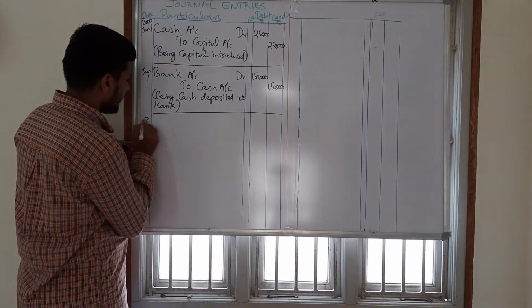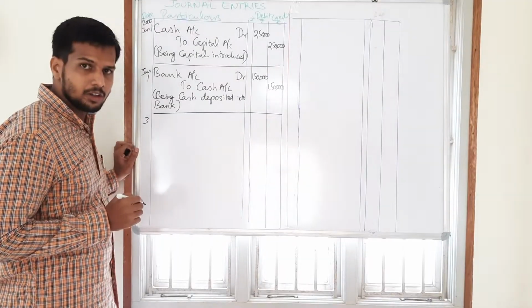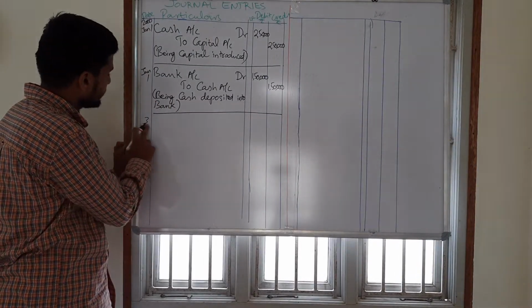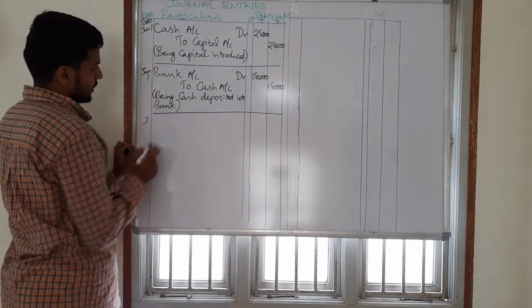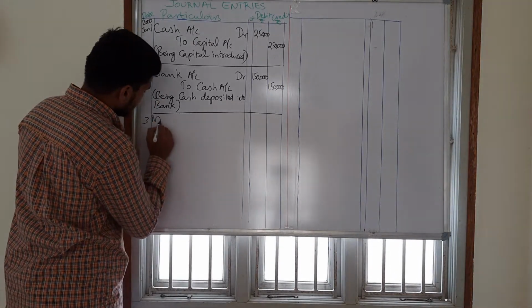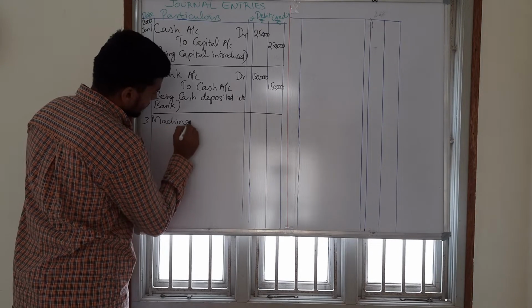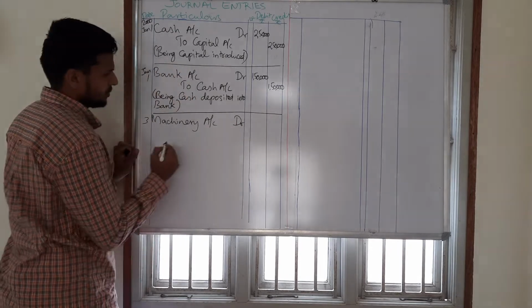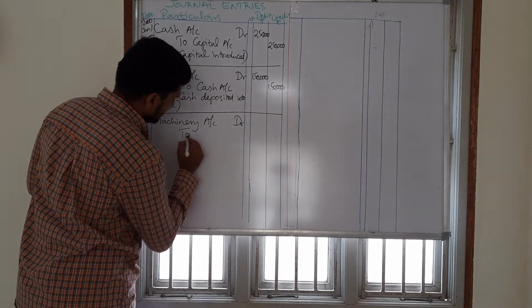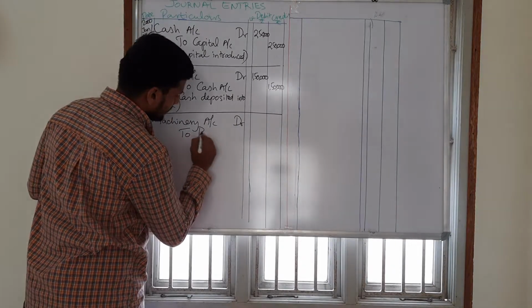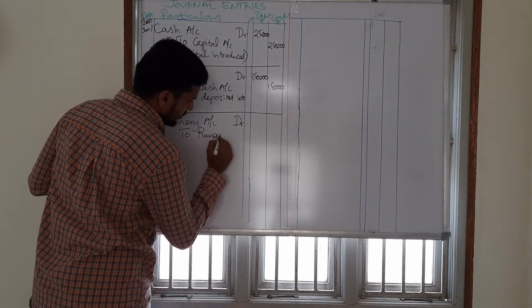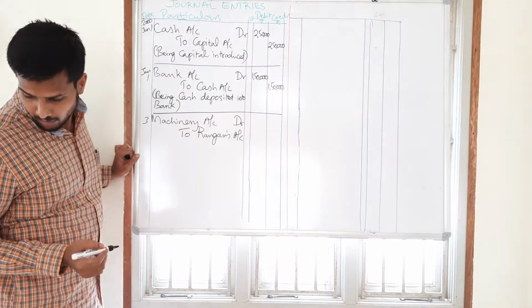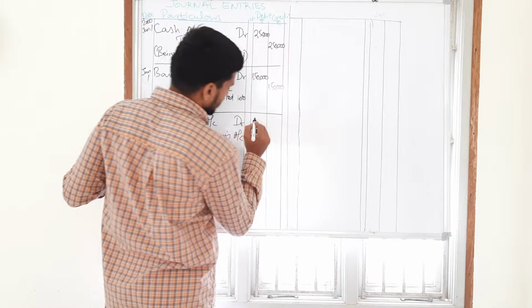All the transactions belong to the same month, so I just put the number 3. Machinery account debited to Rangan's account. The amount of machinery is 50,000.